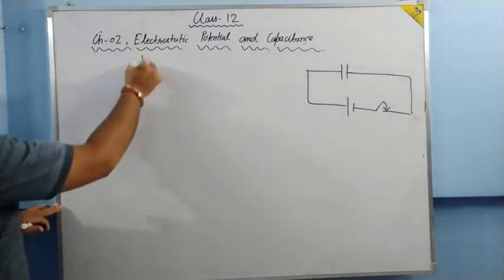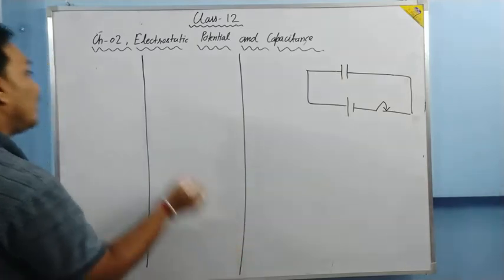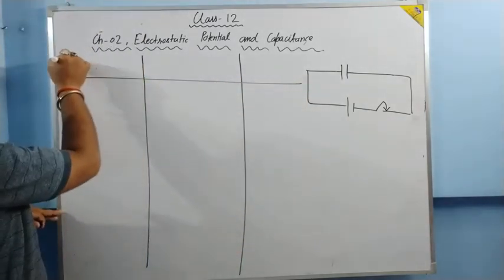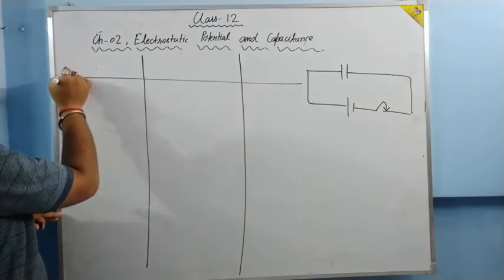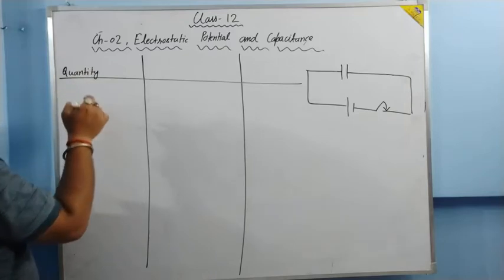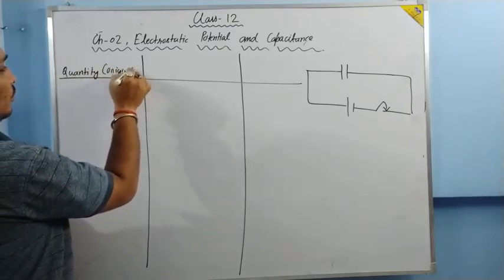Okay, so let us make a column so that we can understand. Here we are going to discuss quantity. Originally what they were. Original.